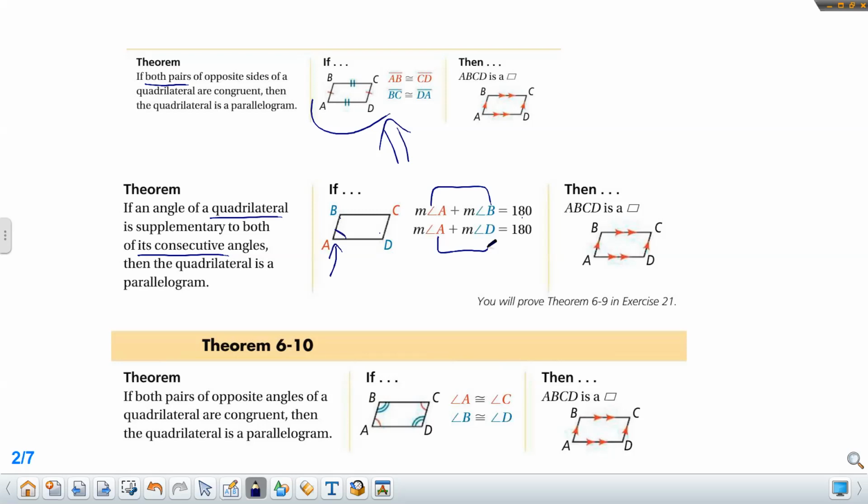Case number 3: if both pairs of opposite angles of a quadrilateral are congruent, then the quadrilateral is a parallelogram.